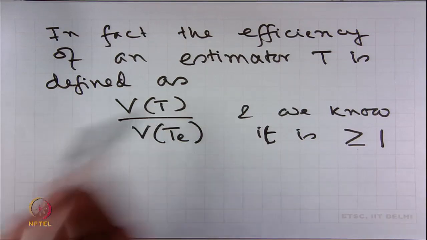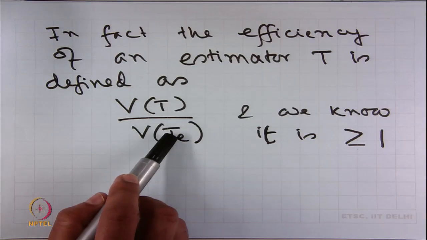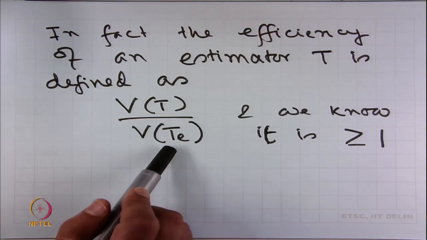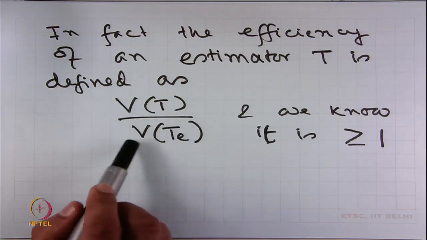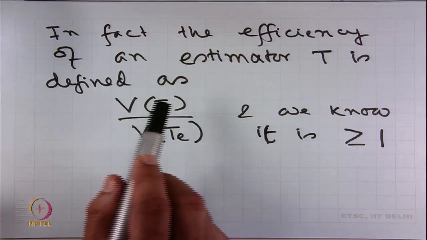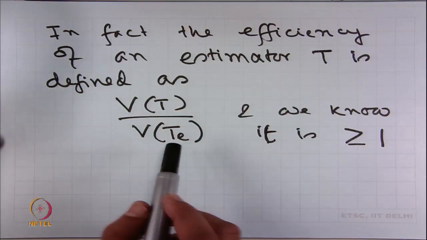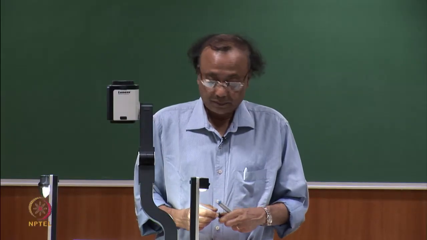It will be 1 if variance of T is the same as variance of Te. Otherwise, as Te has the minimum variance, variance of T has to be greater than variance of Te, and therefore its efficiency has to be greater than or equal to 1.